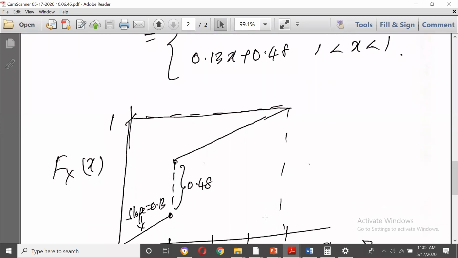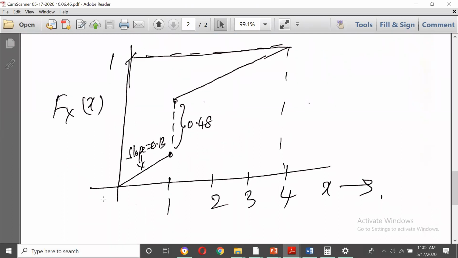So we can have the plot for this. Between 0 and 1, the slope is 0.13. At x equal to 1, you have the discontinuity which is of the value 0.48, that is C, right? Then after the discontinuity, you will have again the same slope 0.13, right?